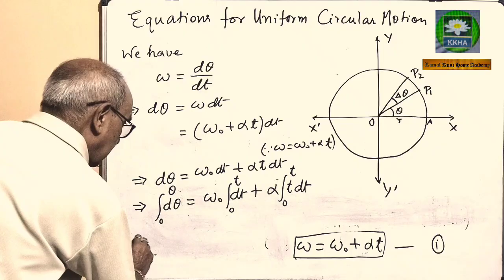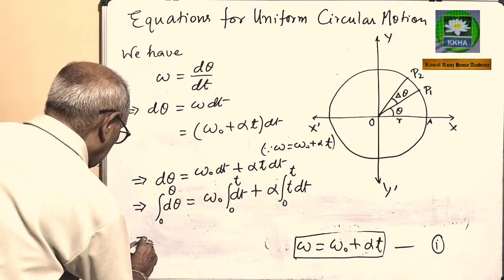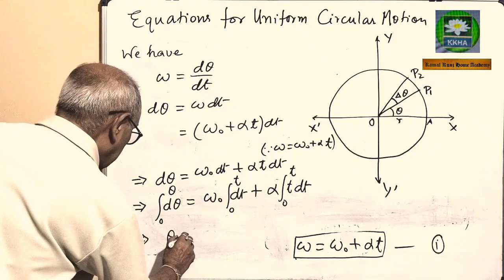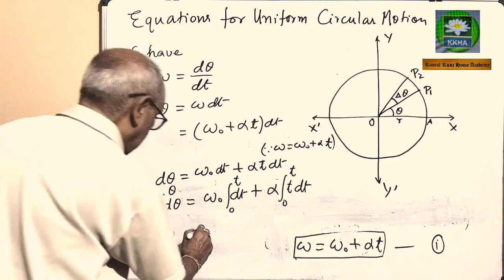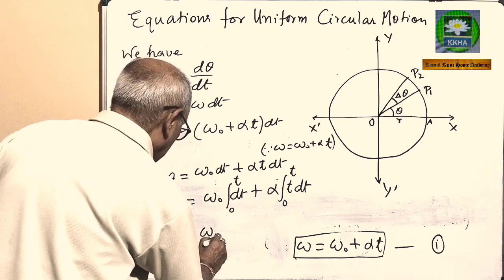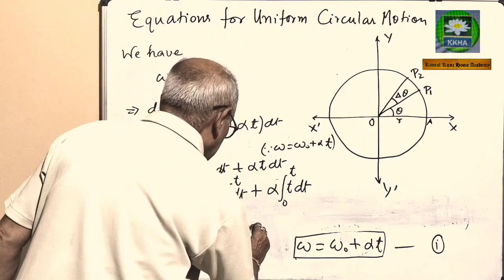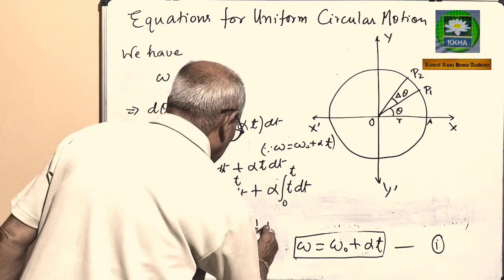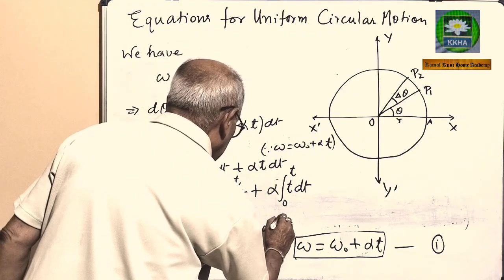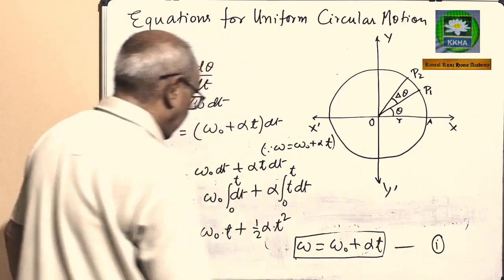This implies that theta is equal to omega naught into t plus half alpha into t square.